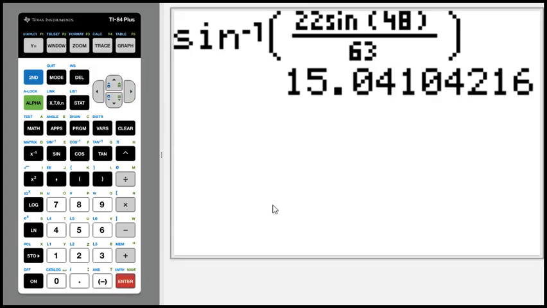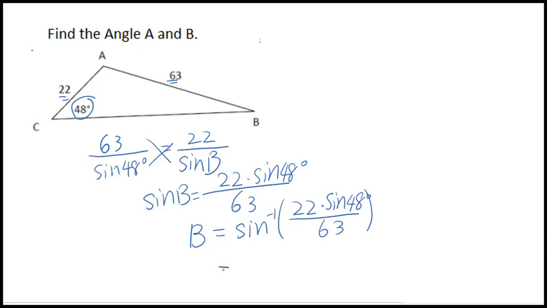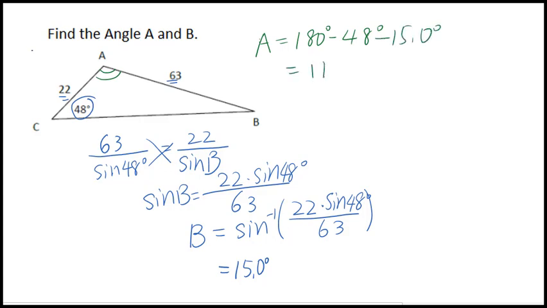Your answer will be 15.0 degrees. So angle B equals 15.0 degrees. How to figure out angle A? For angle A, I will use 180 degrees minus 48 degrees minus 15.0 degrees equals 117 degrees.